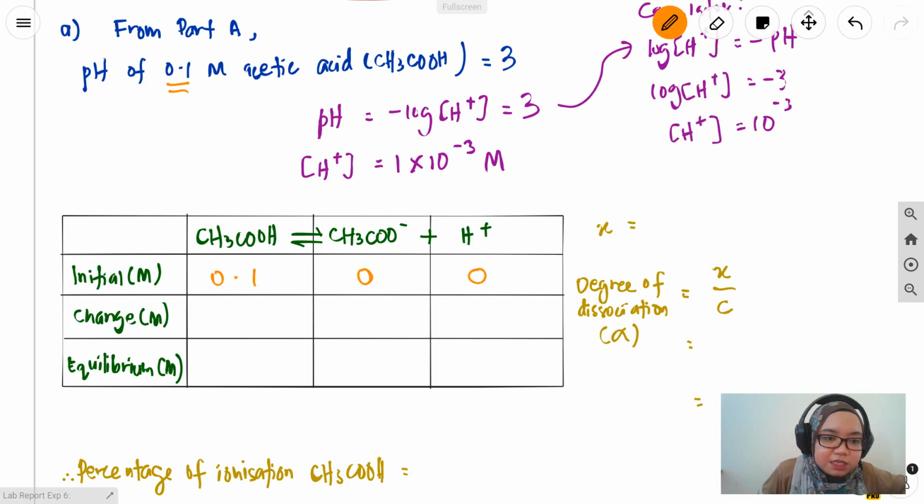For the change, since the reactant is always minus, and there is no stoichiometric coefficient in front of it, just minus X. Assume it's just one, okay?